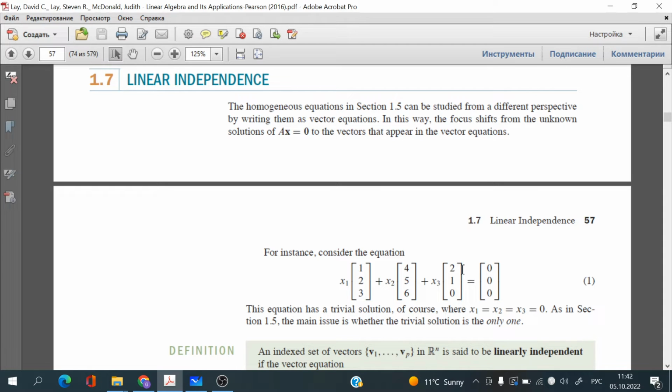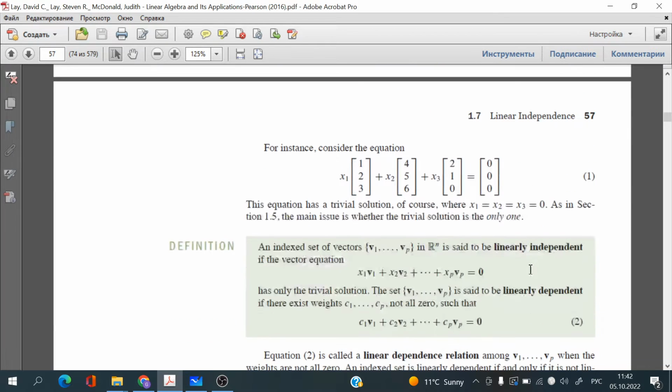As in section 1.5, the main issue is whether the trivial solution is the only one. We want to answer: is it the only one? In this section, we're going to introduce two new definitions called linear independence and linear dependence.